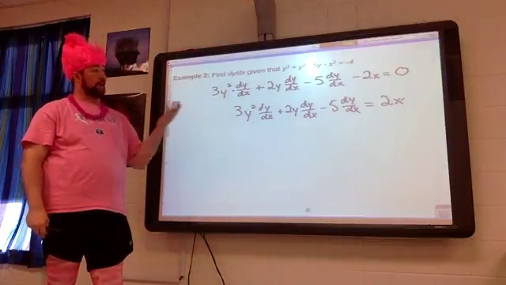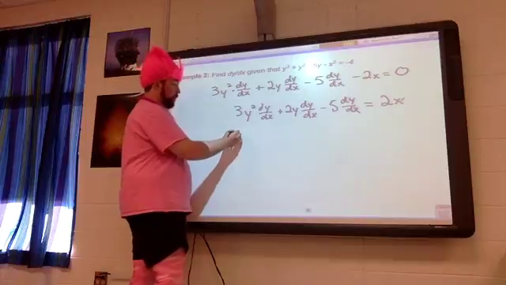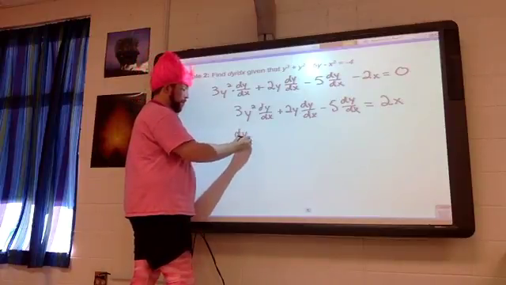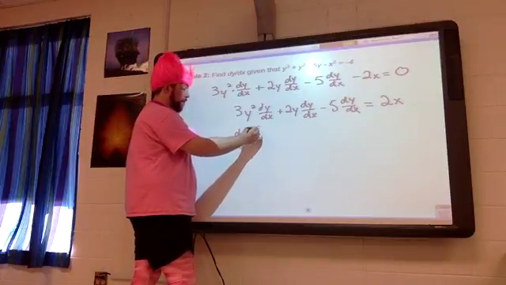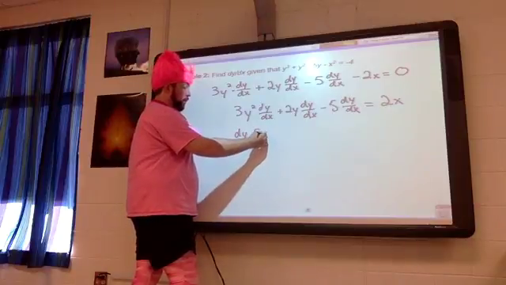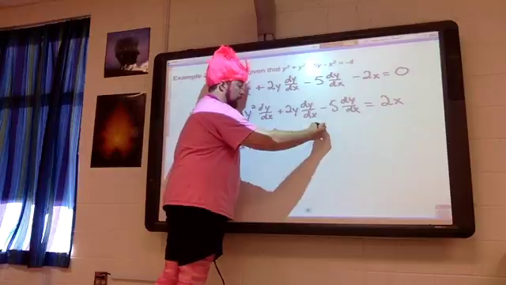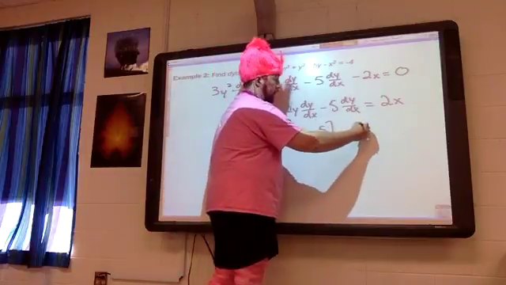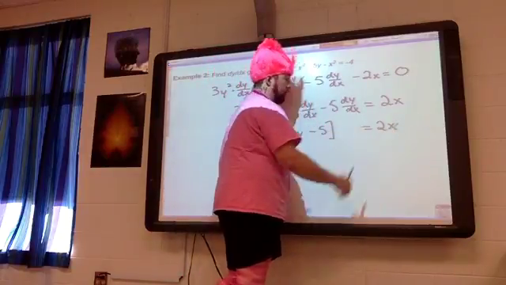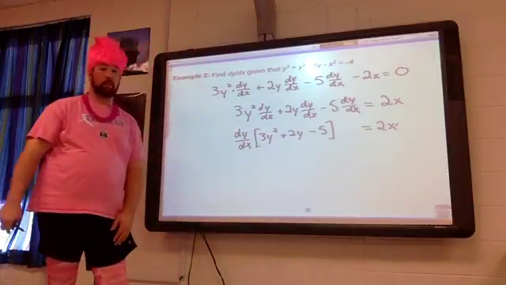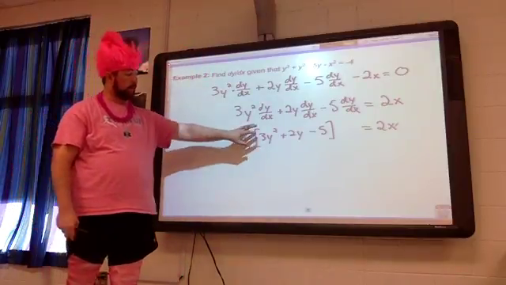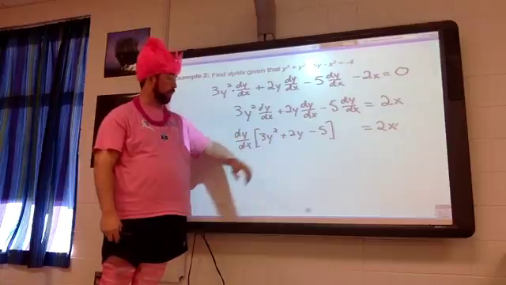Now factor out that dy/dx. That was the next step. Take it out of every single term over here, which leaves us 3y squared plus 2y minus 5 is equal to 2x. And then we find dy/dx by dividing by this whole trinomial.